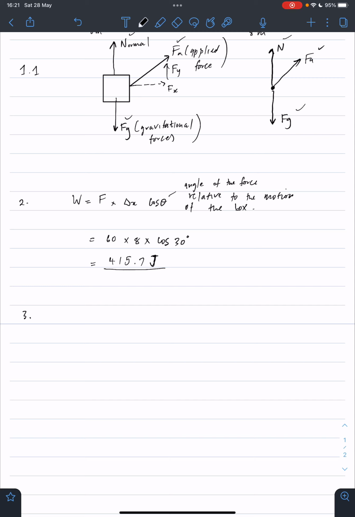If the object is not moved, regardless of how much force you've applied, because the formula for work done is the distance multiplied by the force, if the distance is 0, ultimately your work done will always be 0, no matter how big the force is. So we need the movement, or the distance, to be greater than 0 for work to be done.